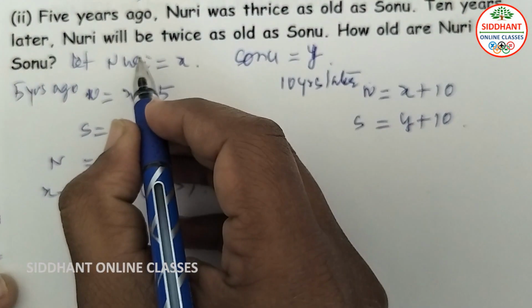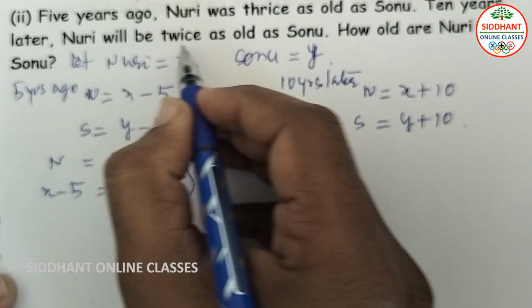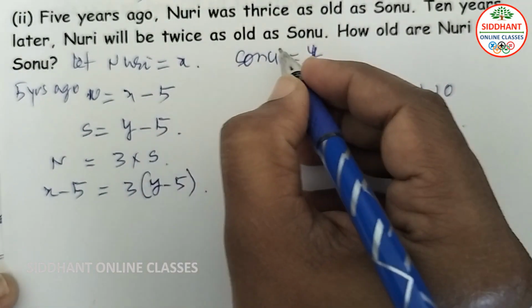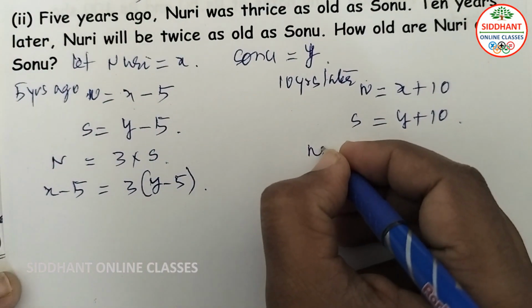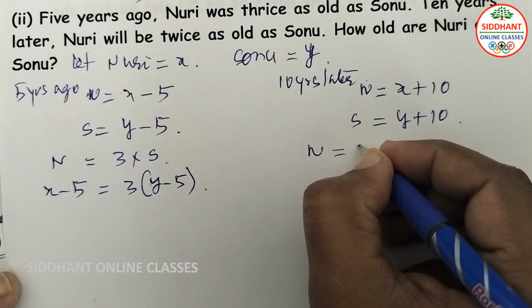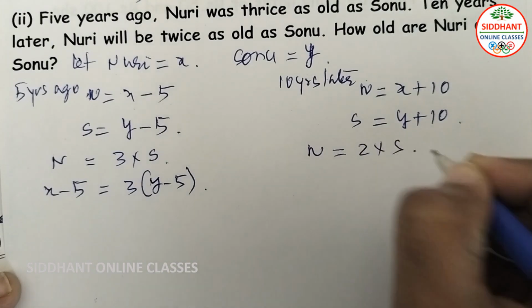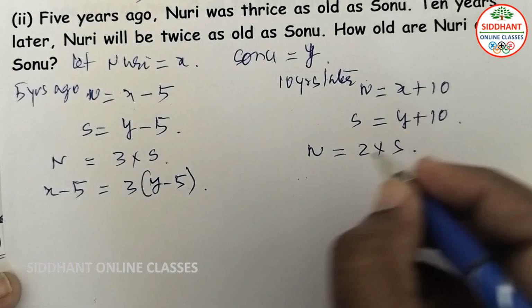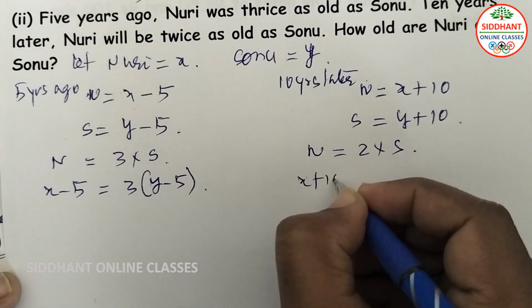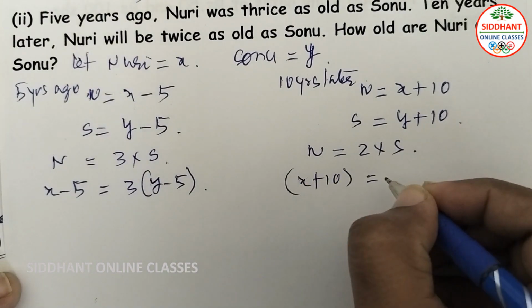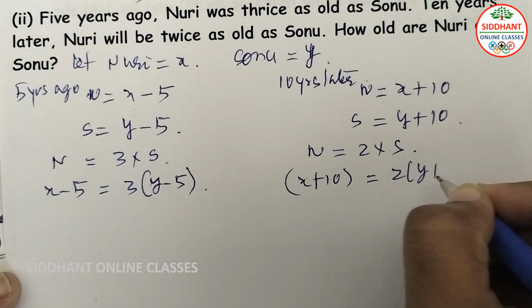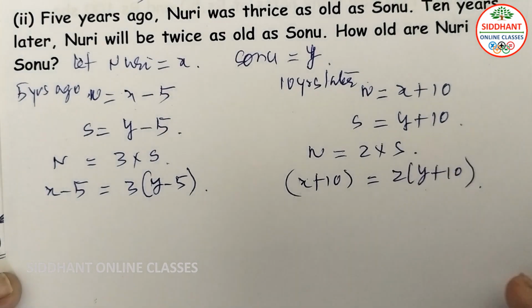Now in the second case, 10 years later, Nuri will be twice as old as Sonu. That means Nuri equal to 2 into Sonu. Now Nuri x plus 10 and 2 into y plus 10 here.